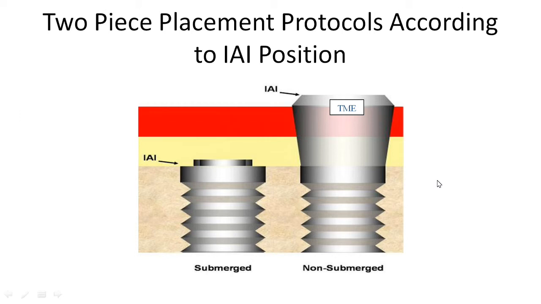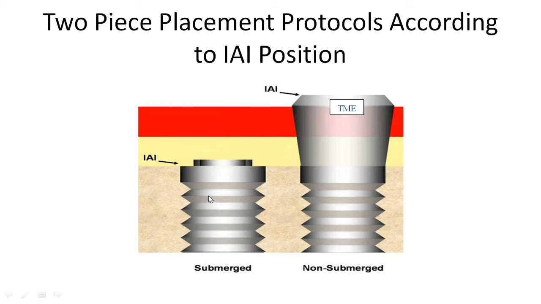Because it's coming through the soft tissue, it doesn't need to be exposed, so it's a one-stage protocol. This, because it's been designed for the implant abutment interface to be positioned at the bone level and used in a submerged approach, the soft tissues will grow over the top, and it will be necessary to use a second stage to uncover.